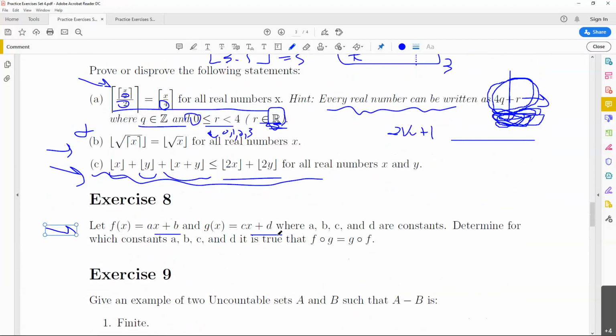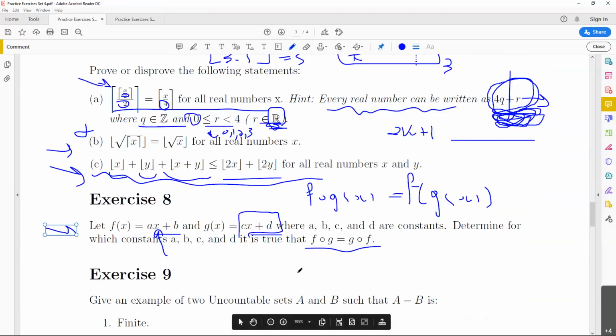Determine for which constants a, b, c, and d this is true. So step 1, you just have to write it. F round g of x is f of g of x. So simply here in this x, you have to put all of this and expand. Whereas g round f of x is the other way around. F, you put it in this x.